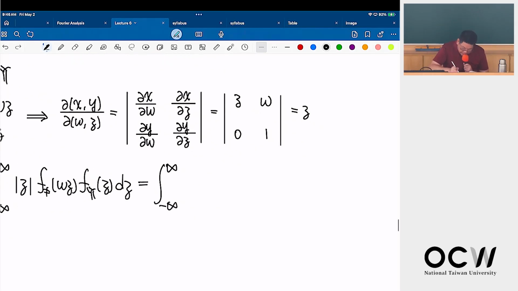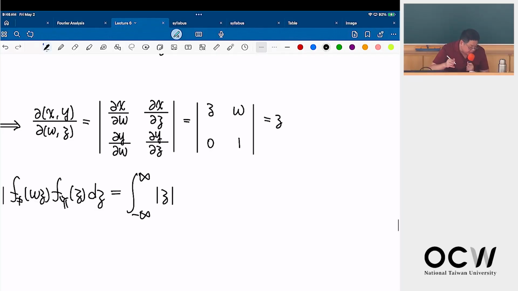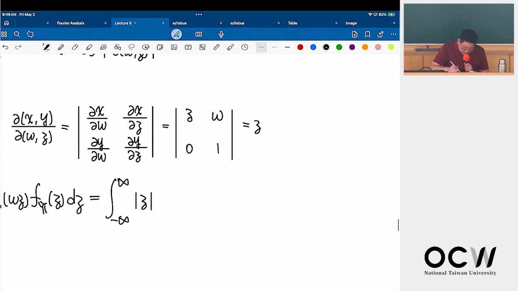So here we have the absolute value of Z. And the PDF of X is the Gaussian with 0 mean and variance 1, so that is 1 over square root of 2 pi, e to the minus x squared over 2, where x is now WZ.